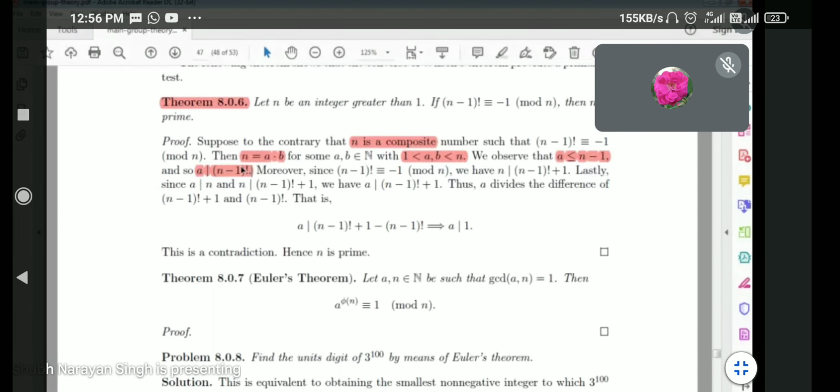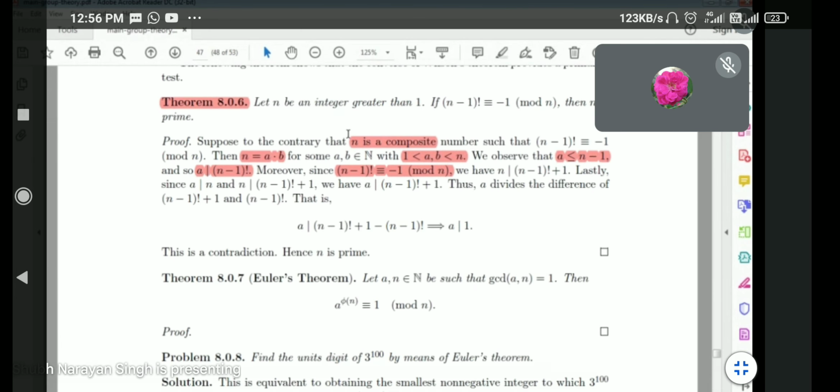That means a divides (n minus 1)!, and this information is already given that n satisfies this equation, that means n divides (n minus 1)! plus 1. That means in congruent form, (n minus 1)! is congruent to minus 1 modulo n.